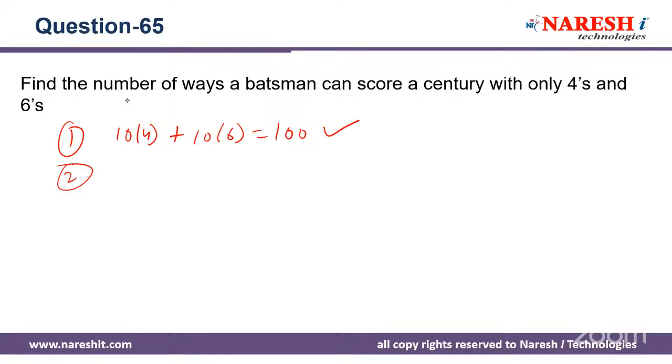How many fours plus how many sixes will make exactly 100? As an example, I showed you 10 fours and 10 sixes makes 100. Similarly, what are the other combinations?